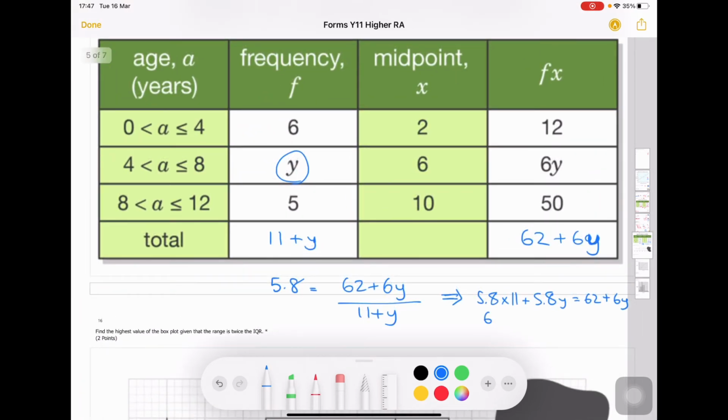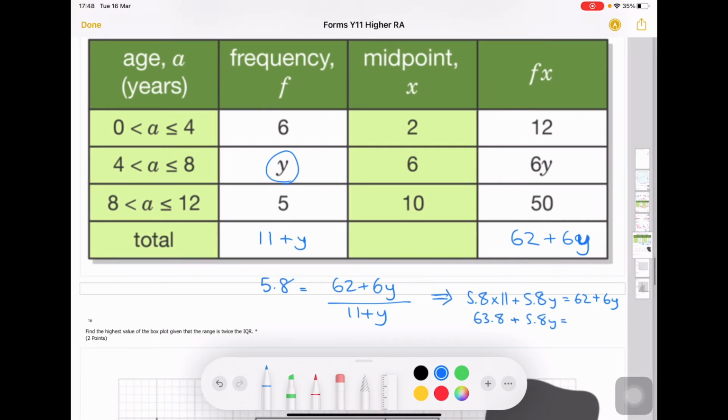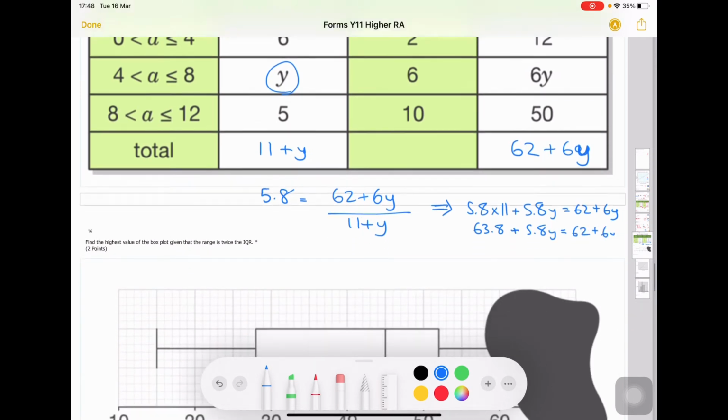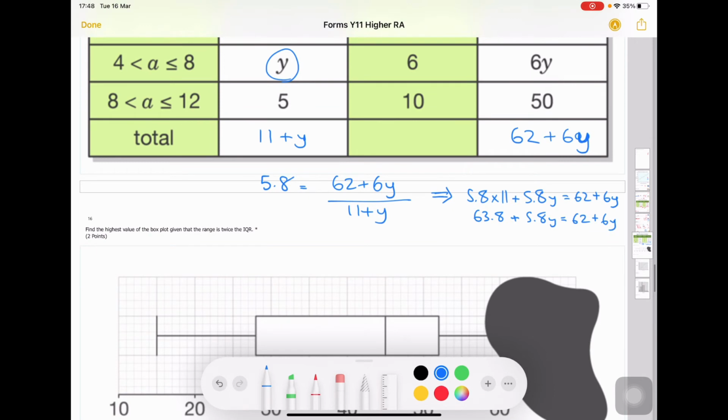So 63.8 plus 5.8y is equal to 62 plus 6y. Now we just solve for y. 1.8 equals 0.2y.